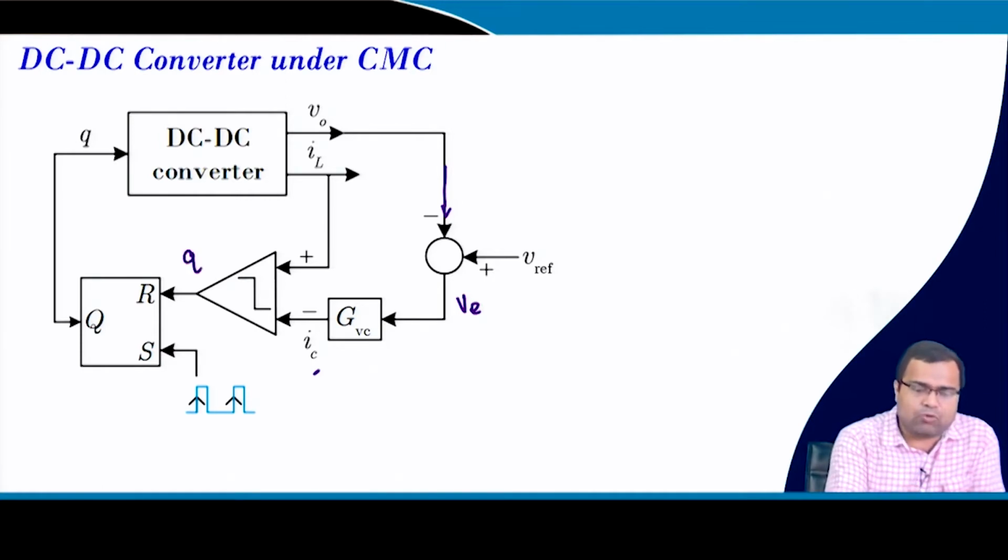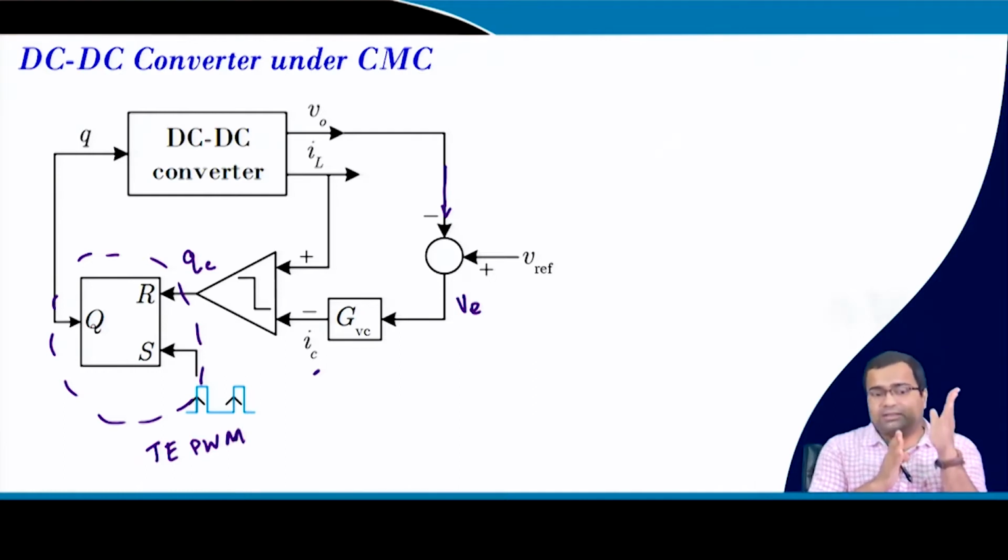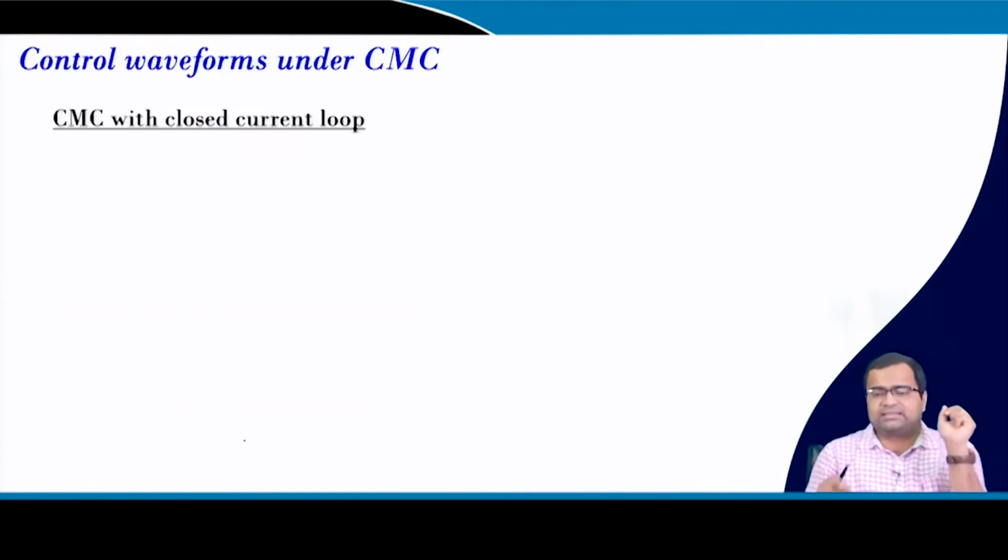The output of this comparator goes as an input to this latch circuit, and this whole logic is trailing edge PWM that we have discussed earlier, because the switch turns on at the rising edge of the switching clock and turns off when the inductor current touches the peak current. This is peak current mode control, but the same analysis can also be applied for valley and average current mode. So, here IC is the current reference.